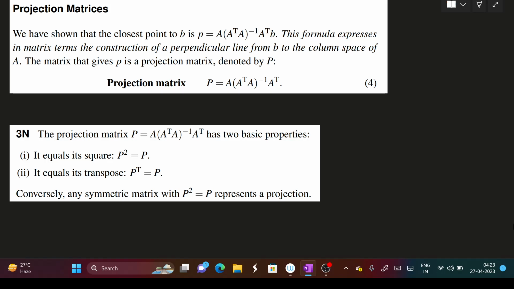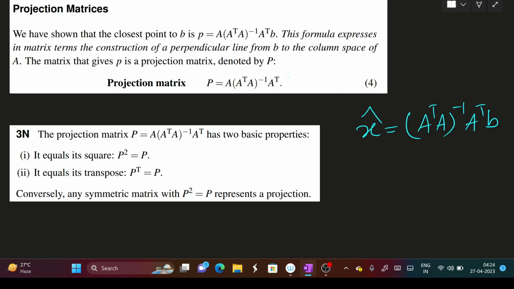Then I will find out x cap using the formula. This is my best fit solution to the given system of equations, or the least square method solution of the given system, which is nothing but A transpose A whole inverse A transpose B. Using this formula, I will find out the solution.